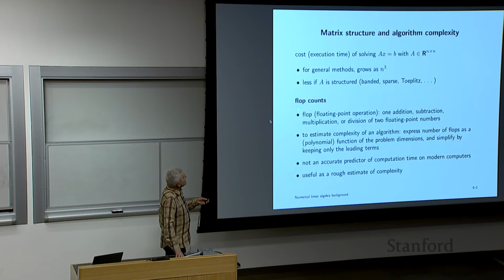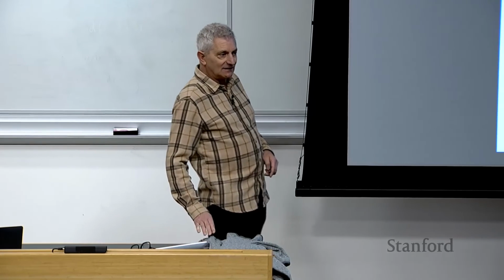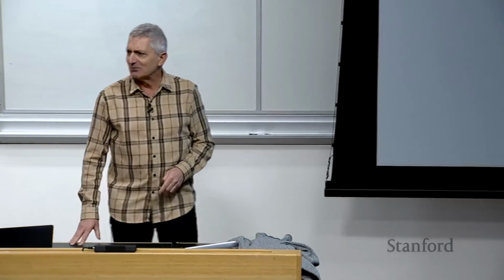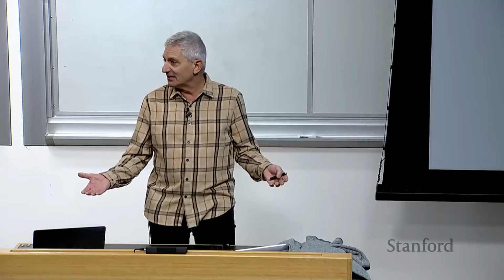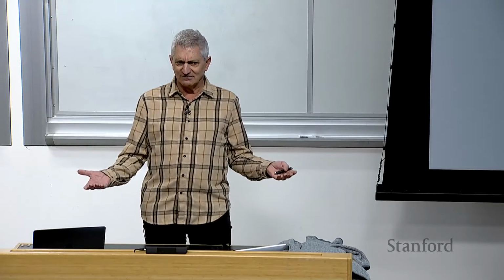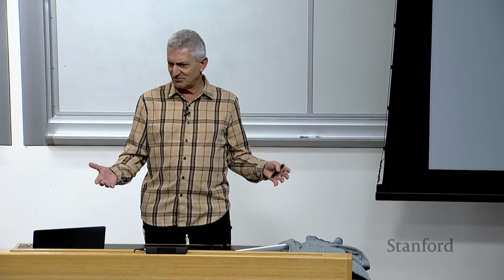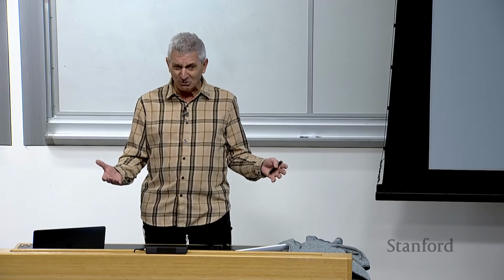So what's cool is if A has got some structure to it, then you can actually solve this a lot faster. Like, here's a no-brainer. What if I told you A is diagonal? Then you're like, yeah, I know how to solve AX equals B when A is diagonal. And you go, but what if A was 1,000,000 by 1,000,000? You'd say, yeah, I can do that in about 300 microseconds on my phone.